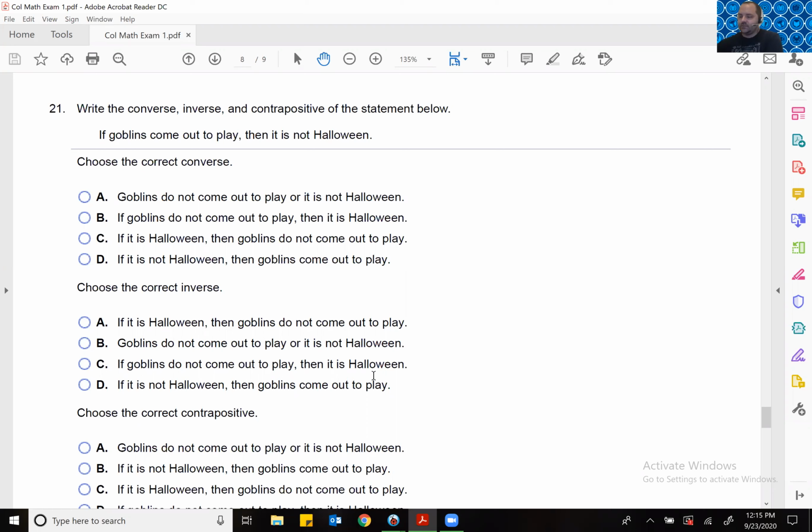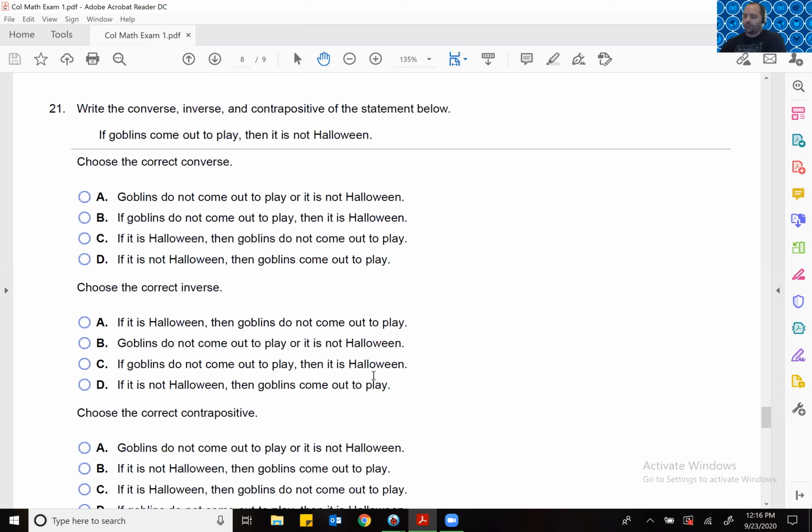So it says, oh, so appropriate: if goblins come out to play, then it is not Halloween.